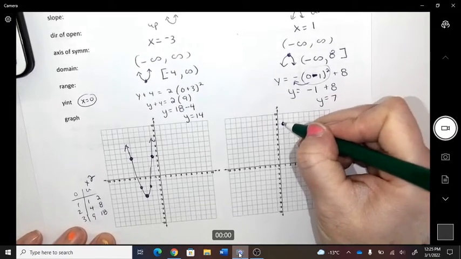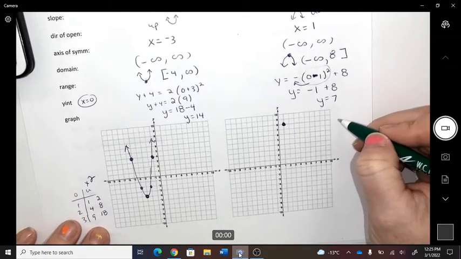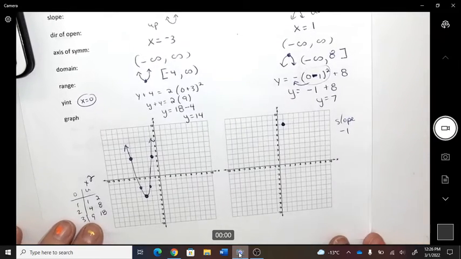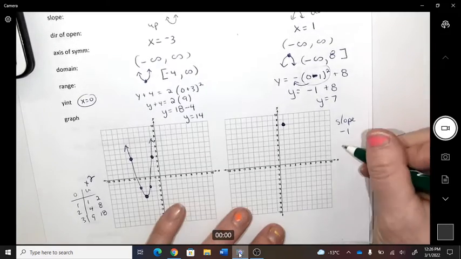Okay, so our vertex is 1, 8. And now we got to work with our slope. What kind of pattern are you going to make if your slope is negative 1?